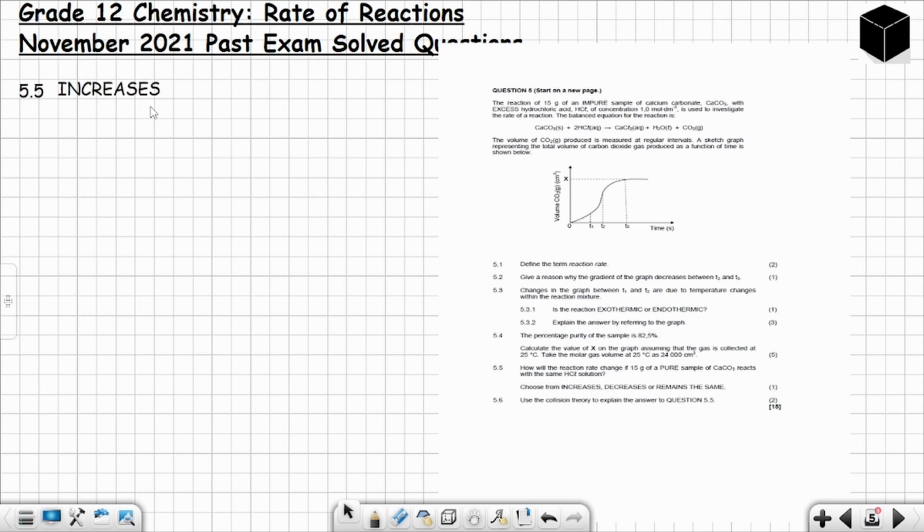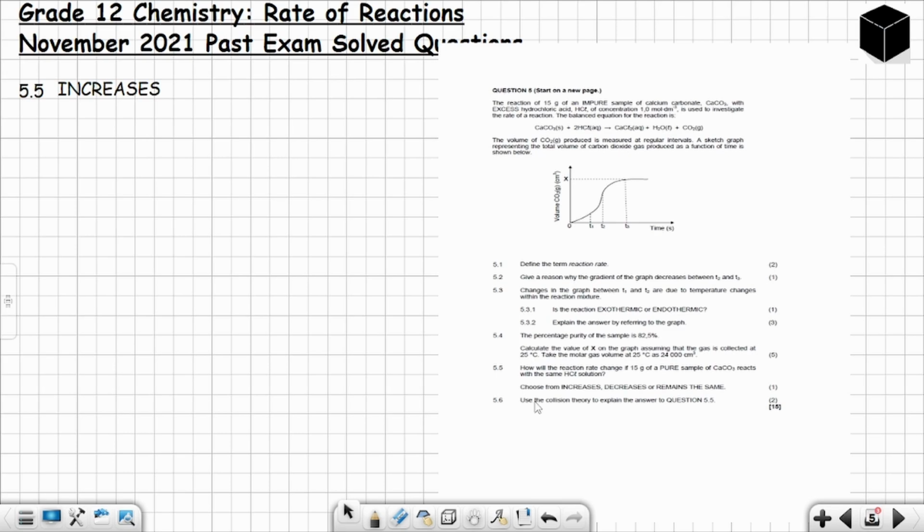5.5 increases. Now 5.6, use the collision theory to explain the answer to question 5.5. Why do you say that the reaction rate will increase now that you have 15 grams of a pure sample instead of 15 grams of an impure sample?